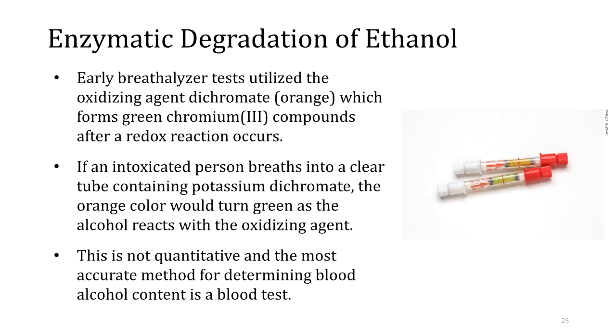I know that was a while ago, but CrO4 2- is your chromate, and Cr2O7 2- is your dichromate. And it turns out in the presence of alcohol, this dichromate acts as an oxidizing agent, and as the oxidizing agent, it gets reduced down to a green chromium-3 structure, which basically shows the presence of alcohol in your breath.